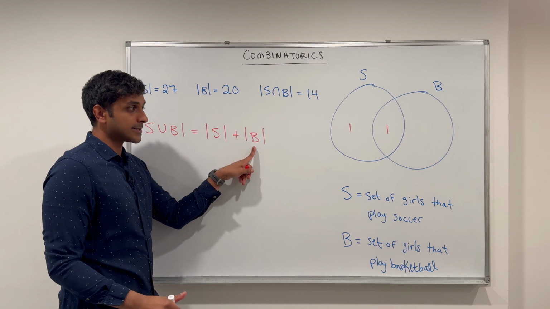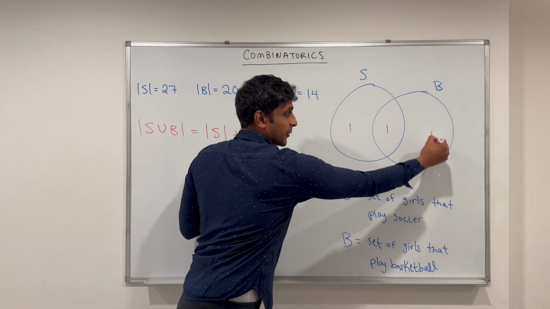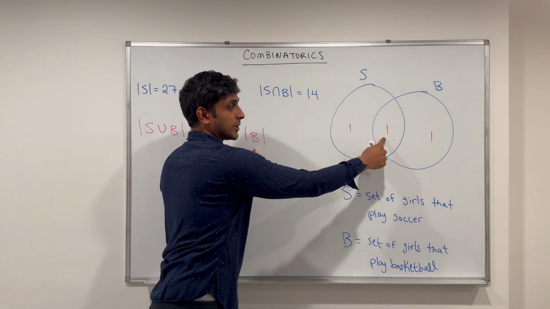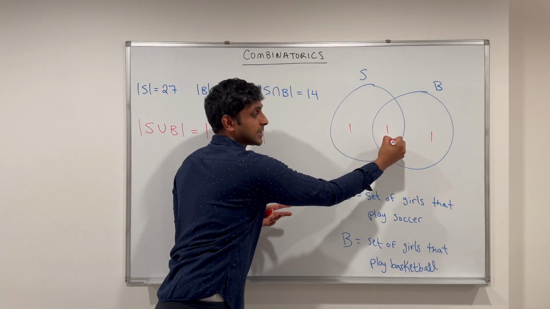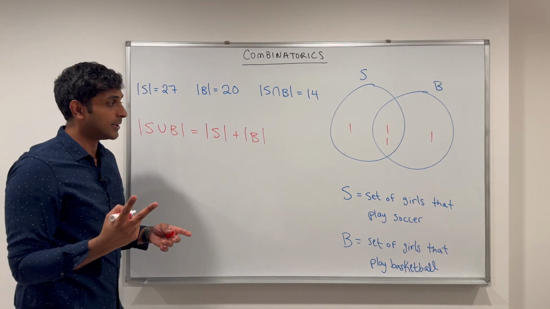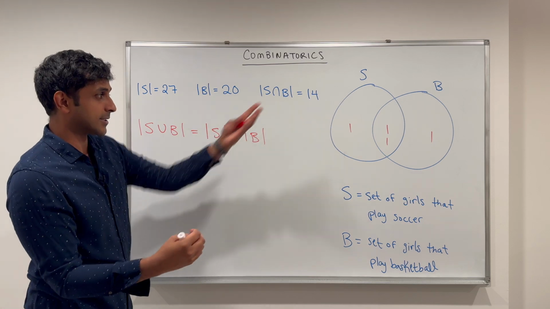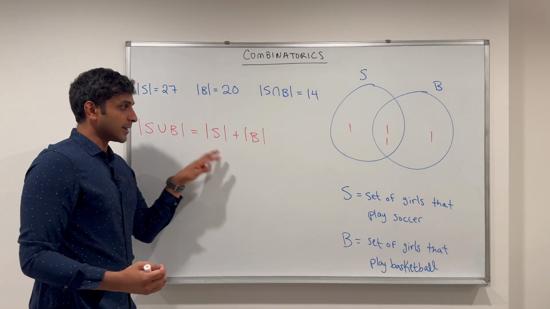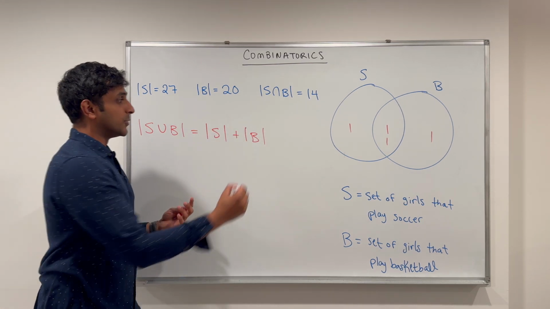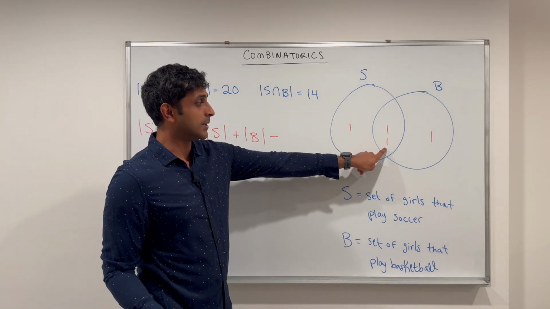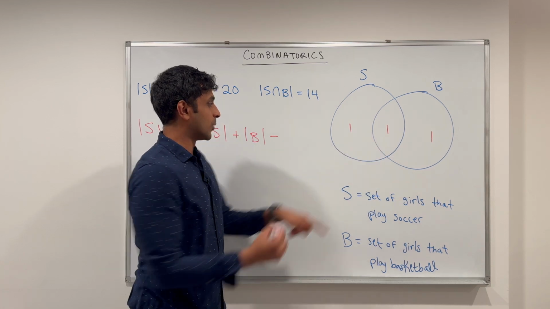So you've counted that region once and that region once, and you need to count this region once, and so you decide to add the size of B, so you do count that region once because you're trying to count everything in B, but the stuff in B also includes the stuff in S and B, so you're actually counting this region twice now. So you're over-counting, potentially, if there's an intersection, which in this case there is, by adding the size of S and the size of B. So you then need to subtract out the size of S intersection B to get it down to counting it only one time.